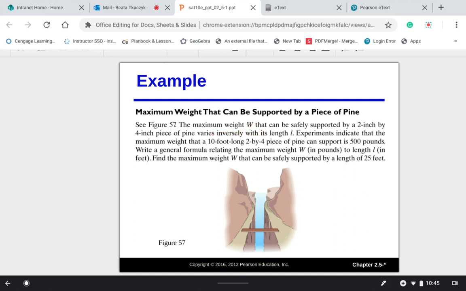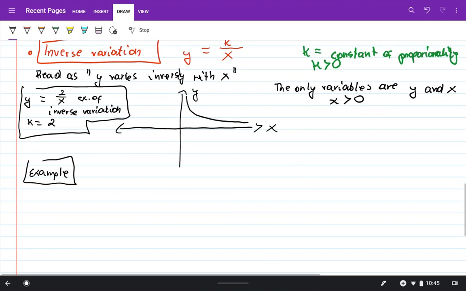Okay, inverse variation, two variables, W and L. So let's start with that. W represents the maximum weight. L is the length of the pine.